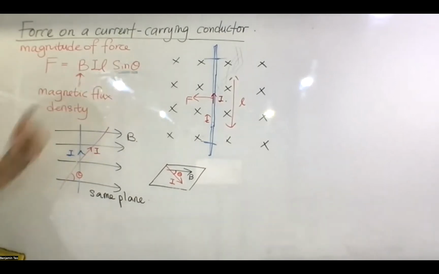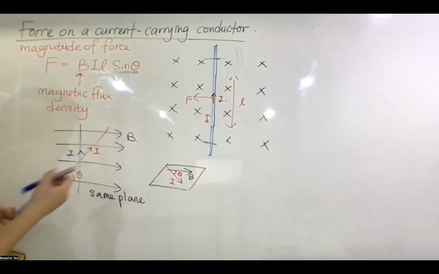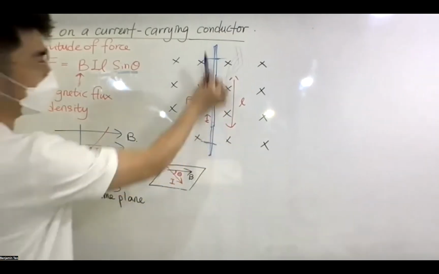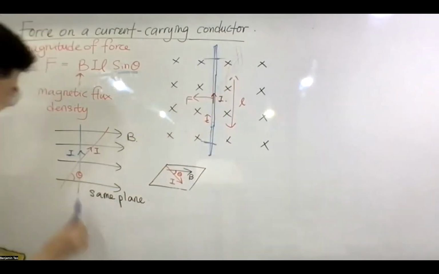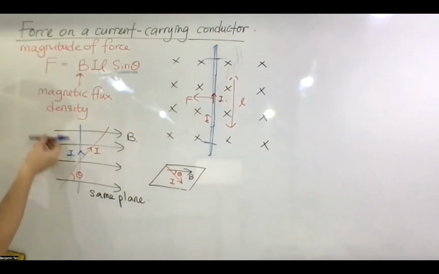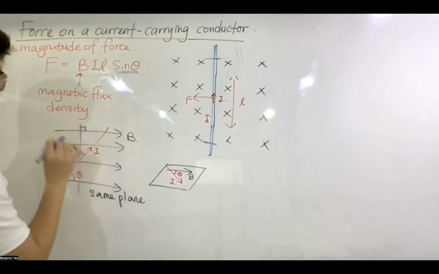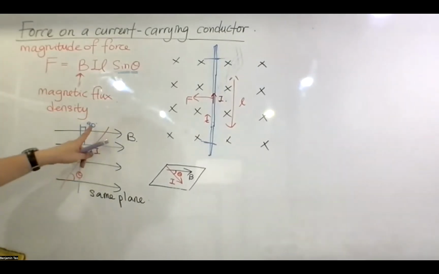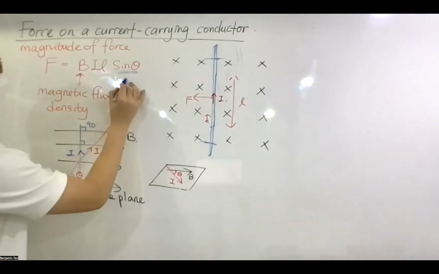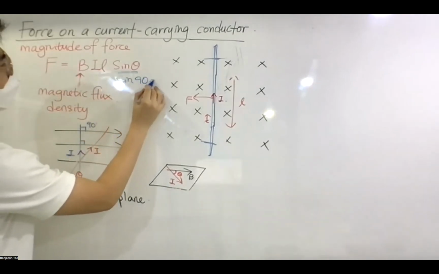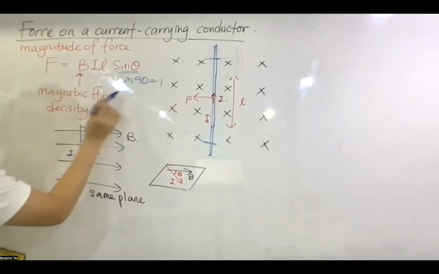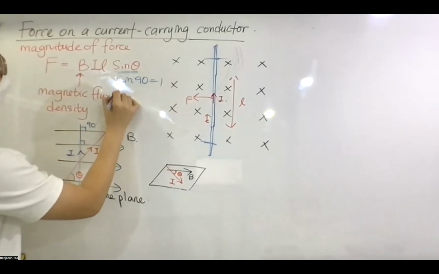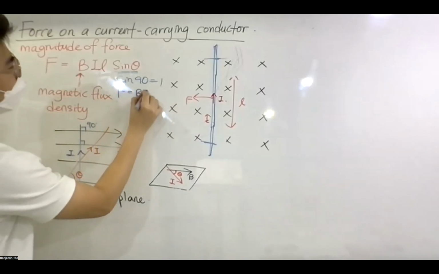Okay, now that is the data. If my conductor is like this, that is my magnetic field. My conductor is straight. That means what? They are making what angle? They are making 90 degree angle. If 90 degree, sine 90 is 1. That means F equals to BIL.